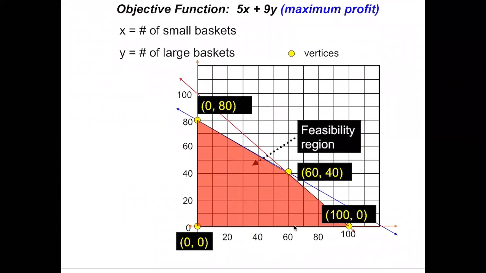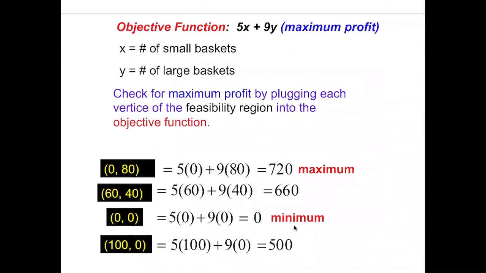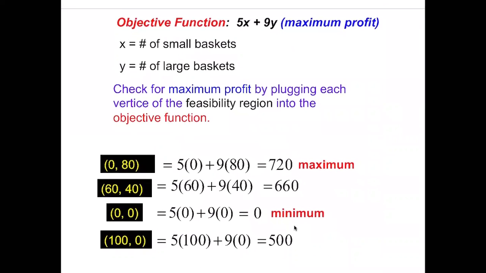So notice here that I found the coordinates of X and Y. Remember that X is your small and Y is your large baskets. So you're going to find those points, and then you have to plug those points into your objective function. So for instance, then you would kind of create a little table here. So you're going to plug in 0 and 80.